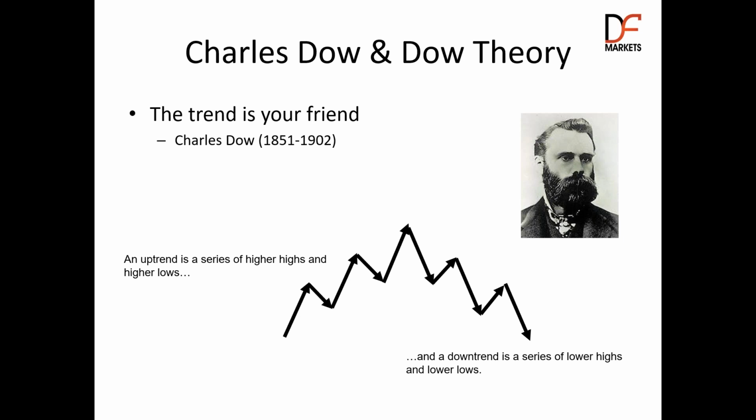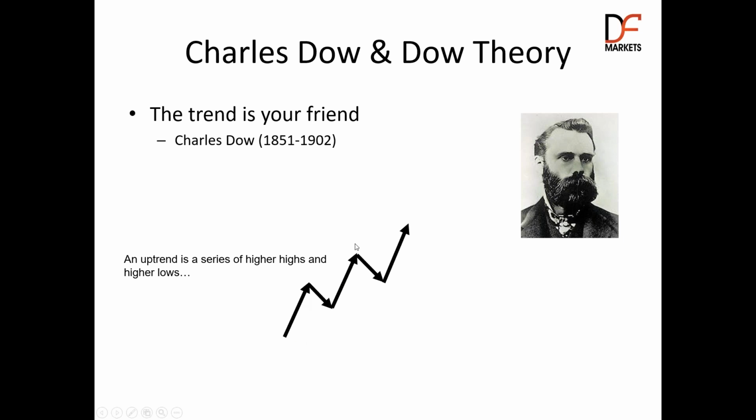Charles Dow is a chap who came up with this idea of defining a trend, and his definition of a trend is very simple. An uptrend is a series of higher highs and higher lows. So if we just click on there and go back, that's an uptrend where the highs are getting higher and the lows are getting higher.